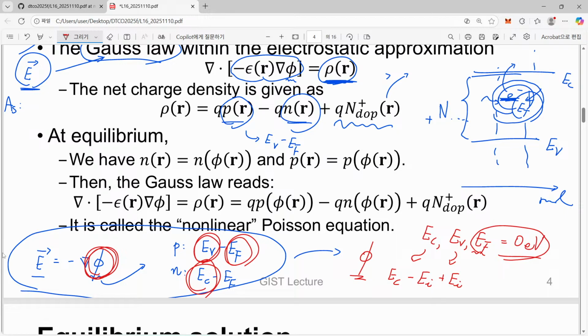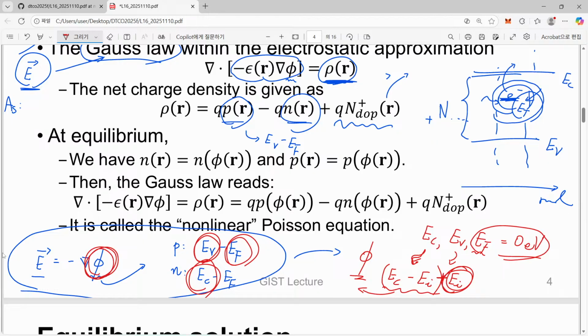So I just made a minus EI and a positive EI; this is just an identity. Nothing happens. But the important observation is this EC minus EI, the distance between conduction band minimum and intrinsic Fermi level, is a material constant. So once we have silicon's EC minus EI given, the only remaining quantity is EI.